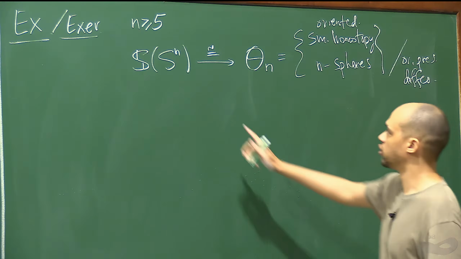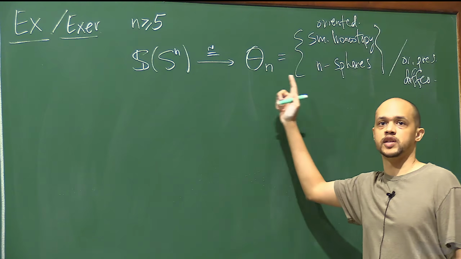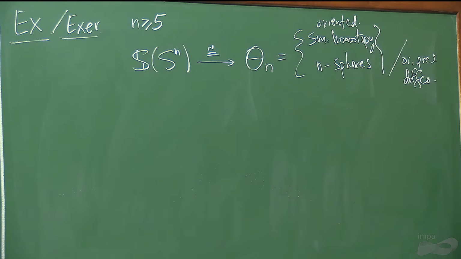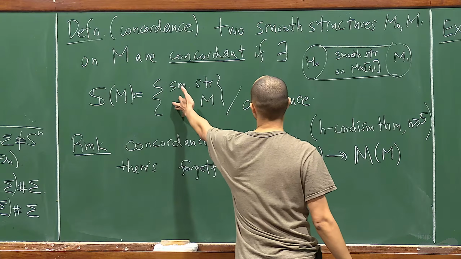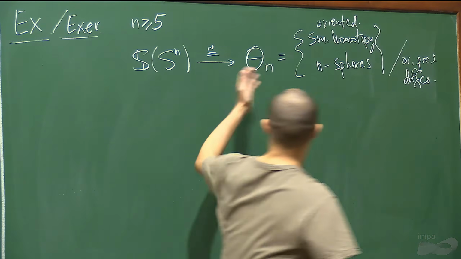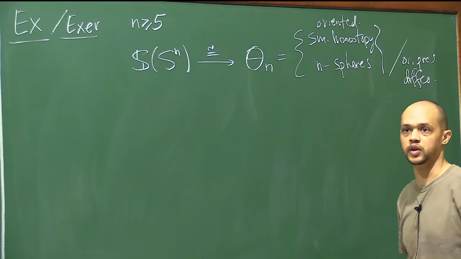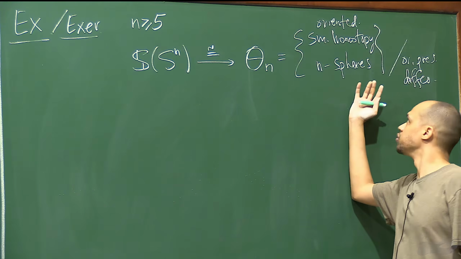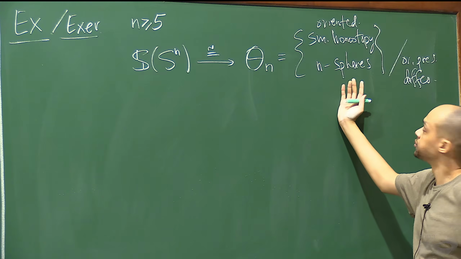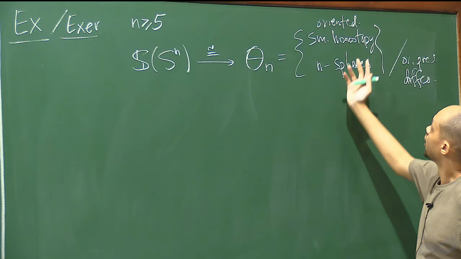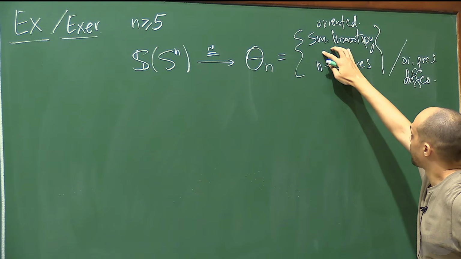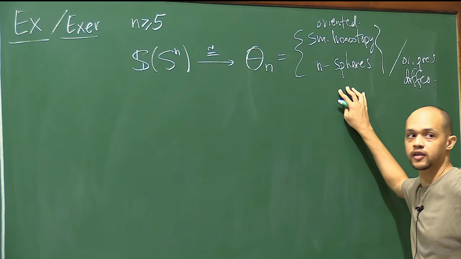There's a map in one direction because if you have a smooth structure on the sphere, it is in particular a homotopy sphere. This map is surjective. Last time I mentioned that a result of Smale tells you that a homotopy n sphere is homeomorphic to the n sphere.